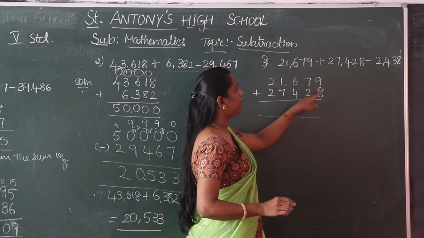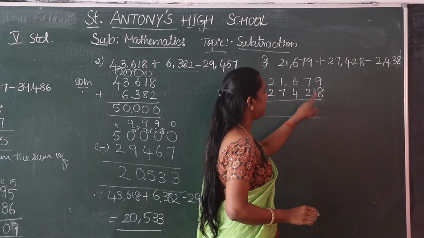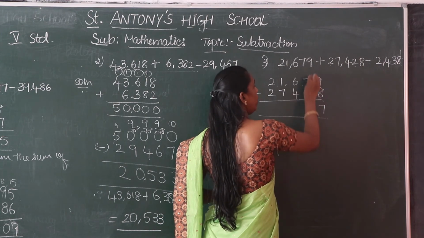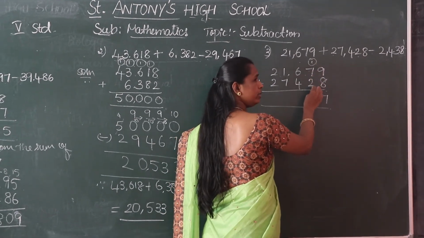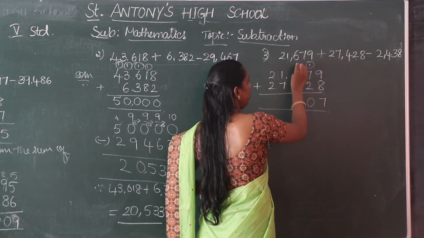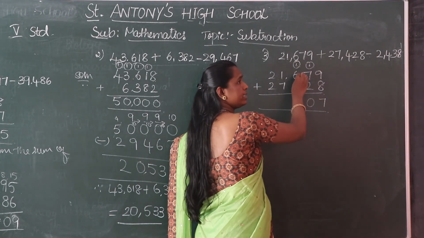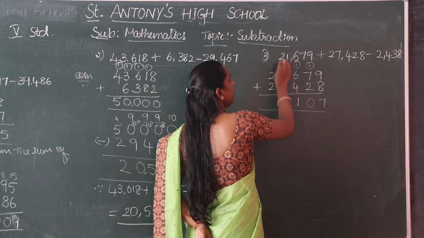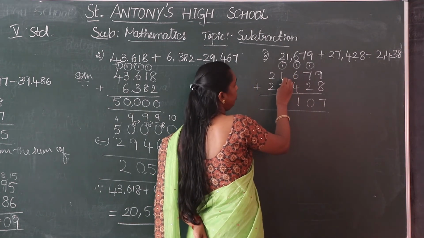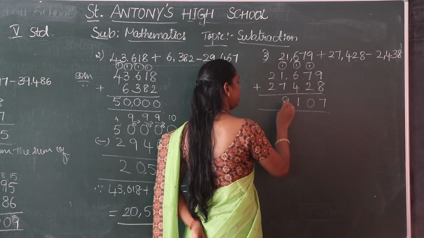Add 9 plus 8, 17, write 7, 1 carry. 1 plus 7, 8, 8 plus 2, 10. So 0 here, 1 carry. 1 plus 6, 7, 7 plus 4, 11. Write down 1 here, again 1 carry. 1 plus 1, 2, 2 plus 7, 9.